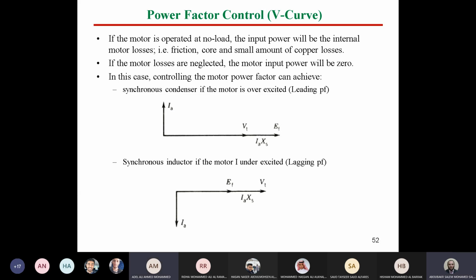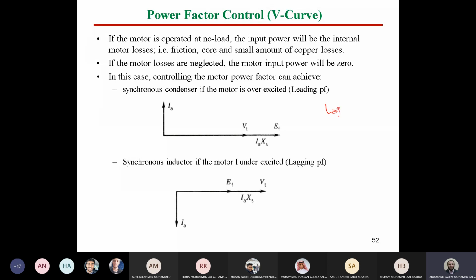Yes, go ahead. What I know is that when the current is lagging, we deliver the VARs. What I know from before is that when the current is lagging, we are producing the VARs, not leading. You mean you deliver reactive power or consume? Yes. Maybe it was confusing for you.